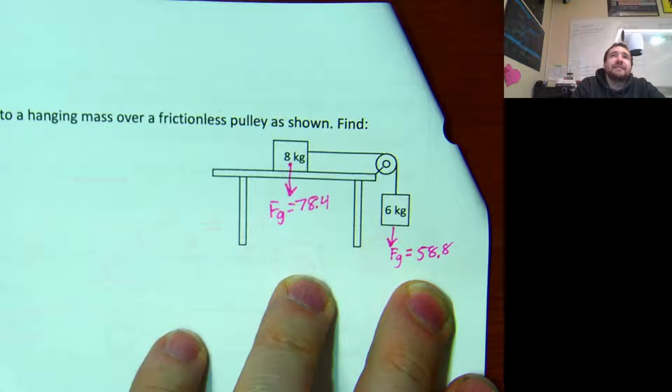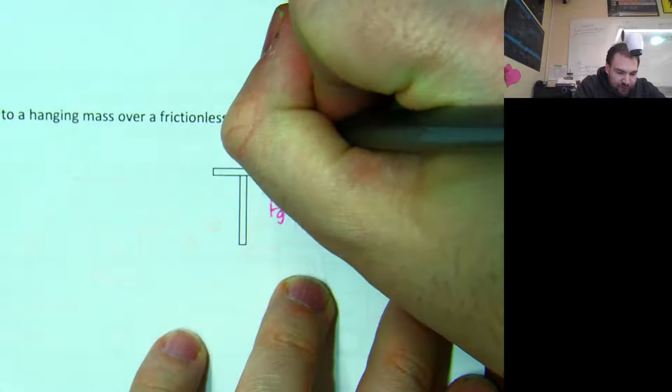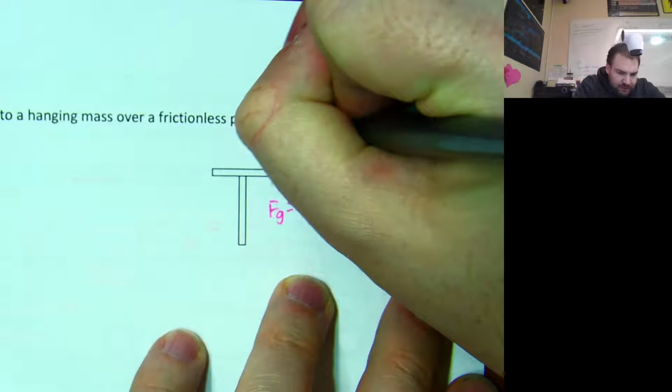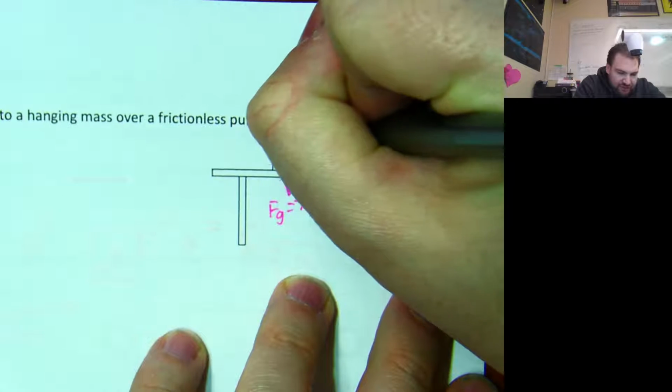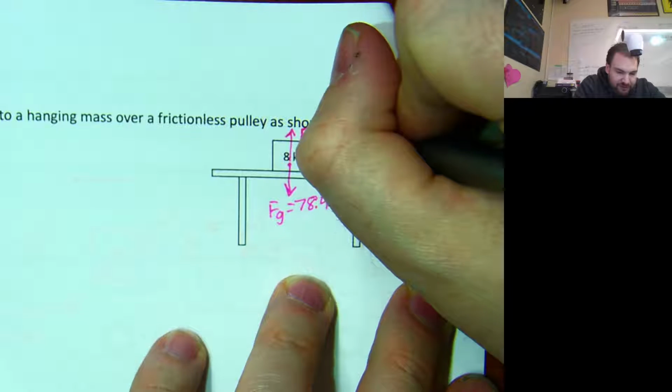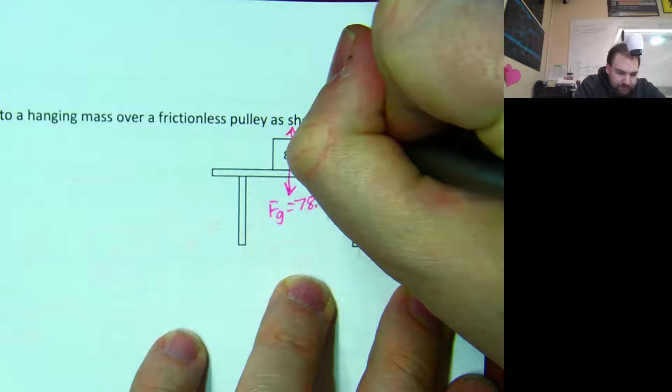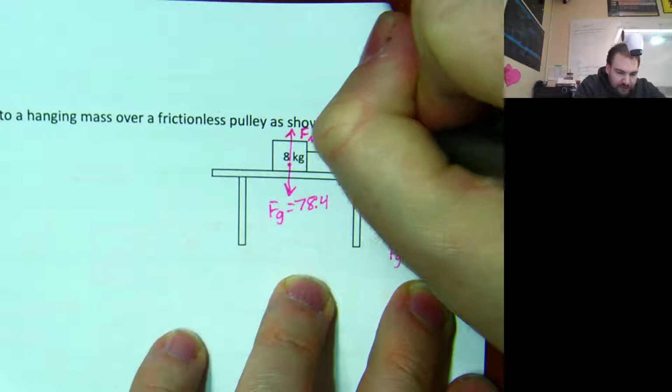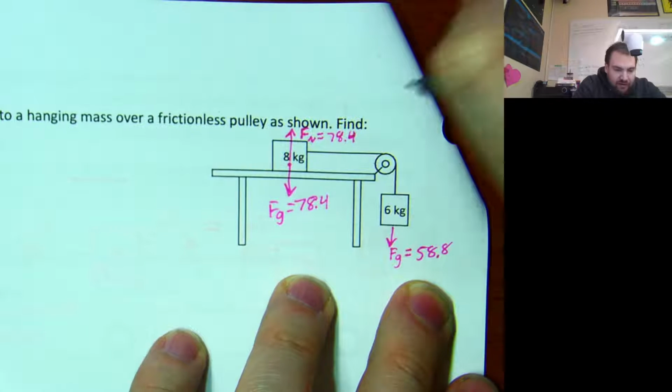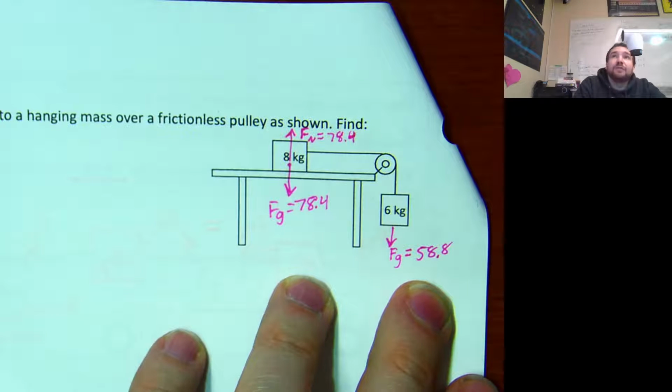Okay, what other forces are acting on these blocks? The 8 kilogram block has a normal force because it's actually sitting on a surface, and we know that the value for that is also going to be 78.4 because it's opposite gravity.